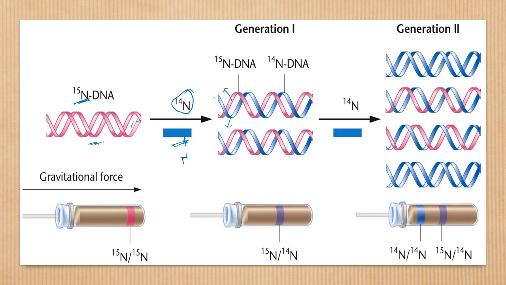First it is introduced into the N14 medium. 100% of the newly formed DNA is hybrid. That means one strand is heavy DNA. When it continues into the second generation, it reduces to 50%.